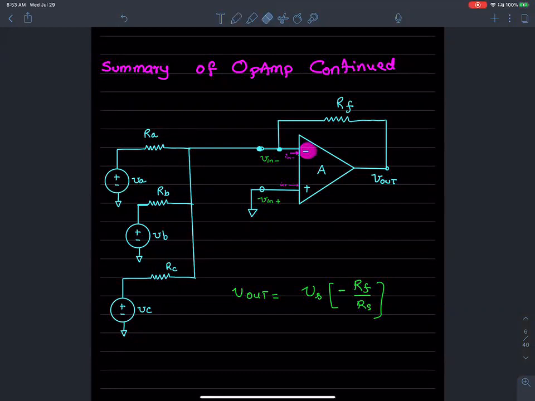Now, instead of one signal, I have 3 signals here. So the output is still going to be very similar.